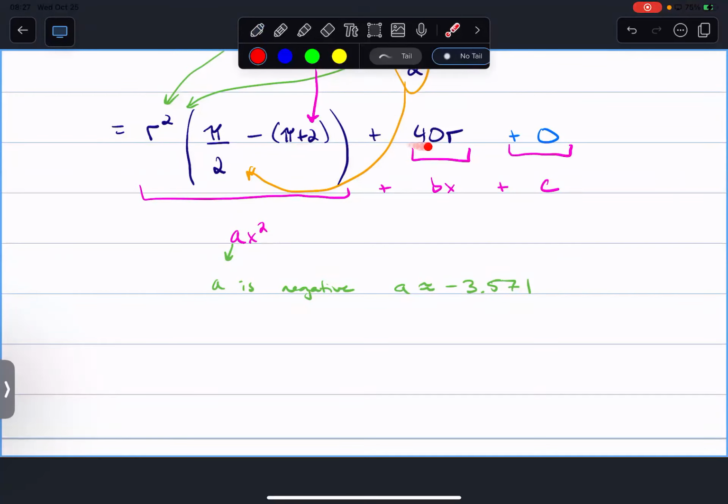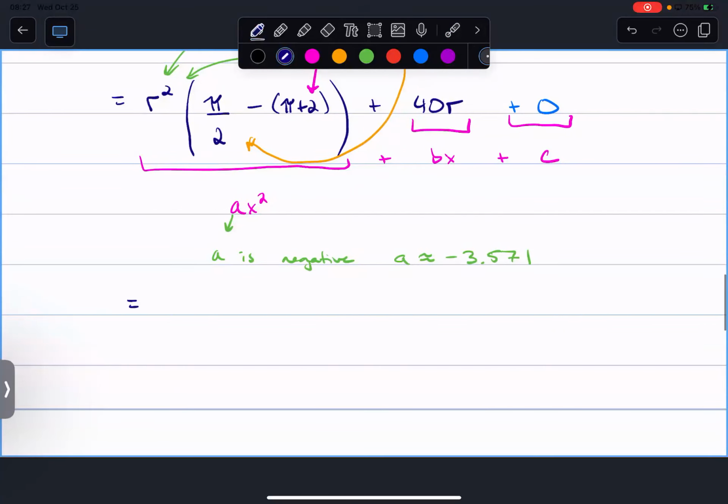Should we rewrite this with the approximation? Why not? I'm okay with that. This is negative 3.571 r squared plus 40r, and I'll drop the plus 0 because it doesn't do anything.